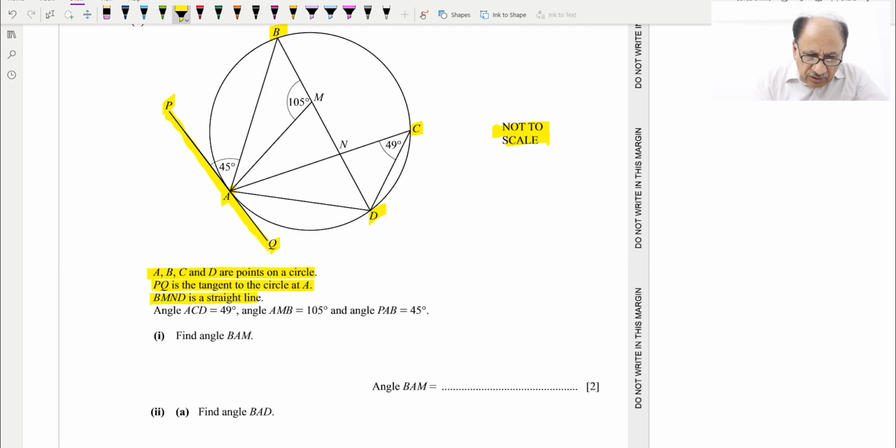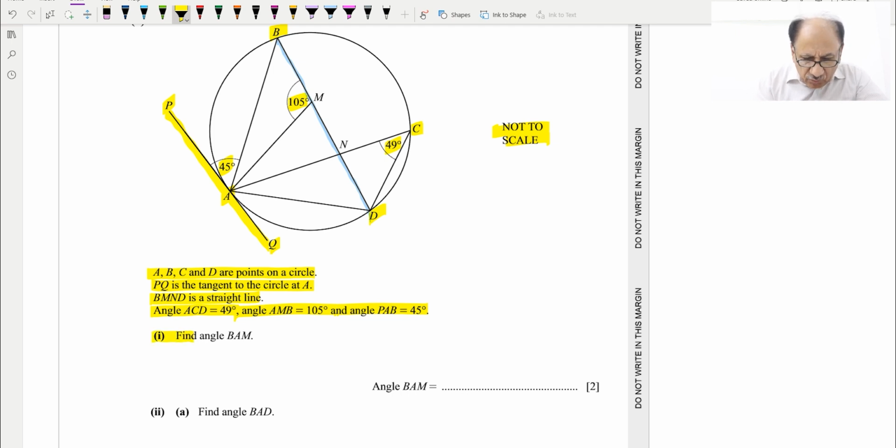BMD is a straight line, which they are telling this is the straight line. And then they are saying angle ACD is 49. This is 49. Angle AMB is 105, and angle PAB is 45. This one is 45. So this is the information given.